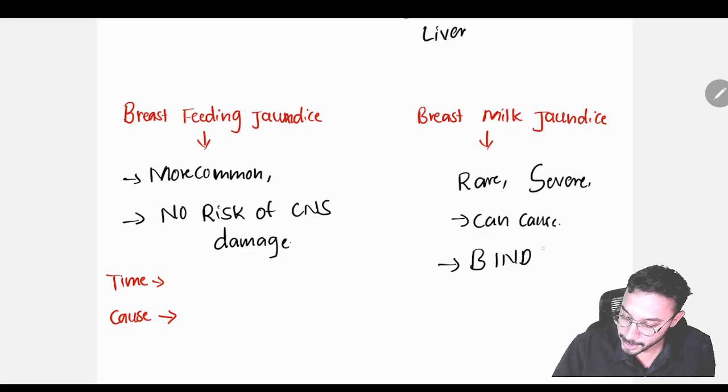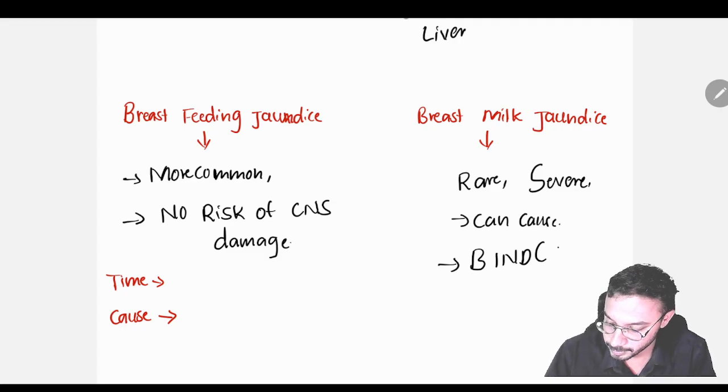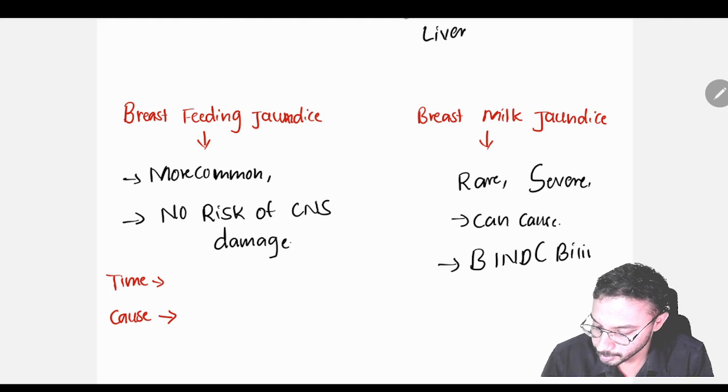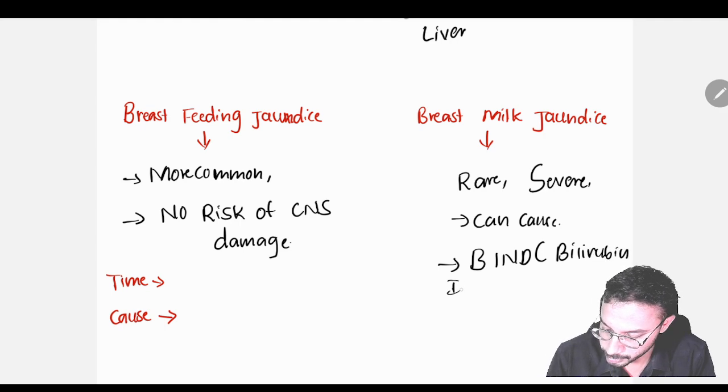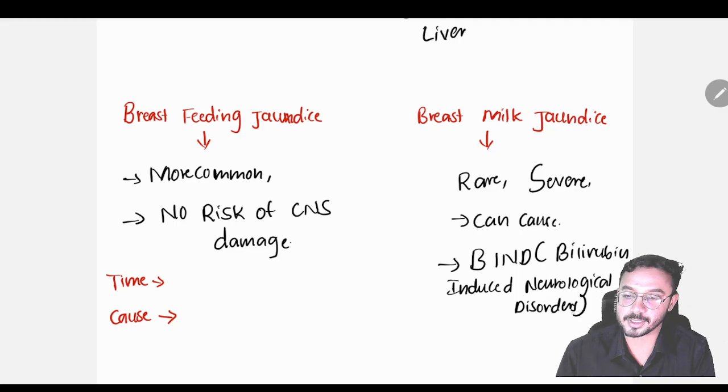What do you mean by BIND? Bilirubin induced neurological disorders. I will write the full form, as they may ask you: bilirubin induced neurological disorders. Okay, this is about BIND.